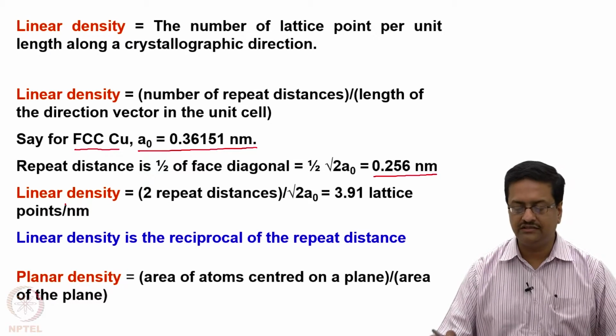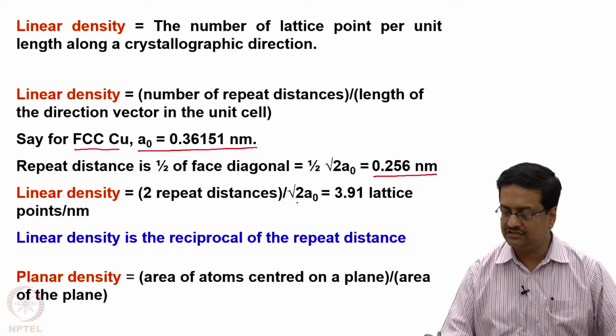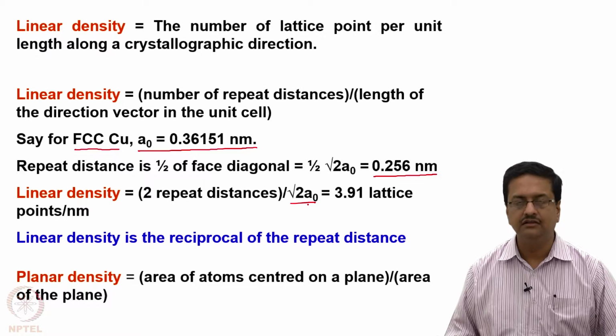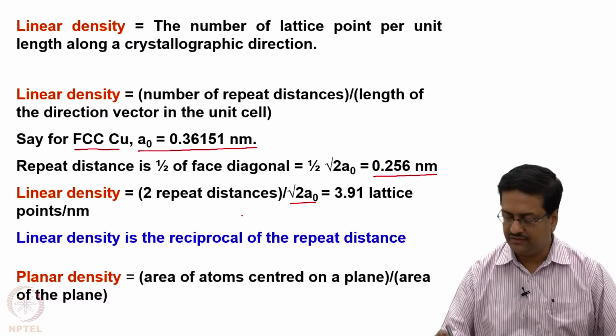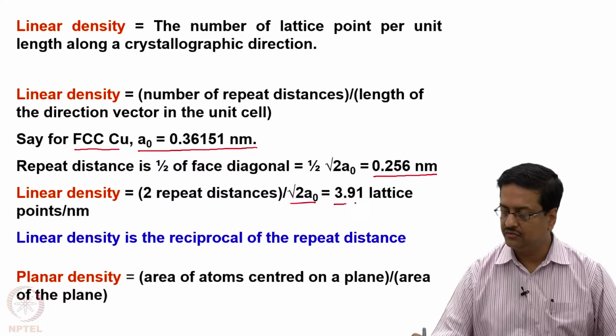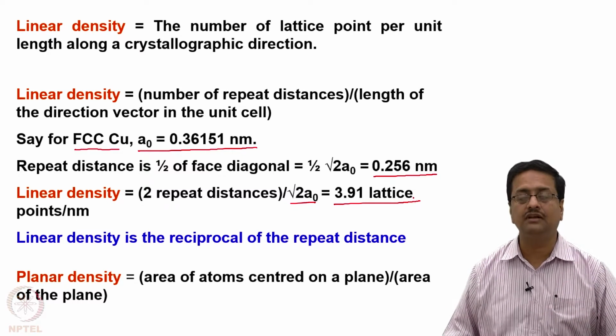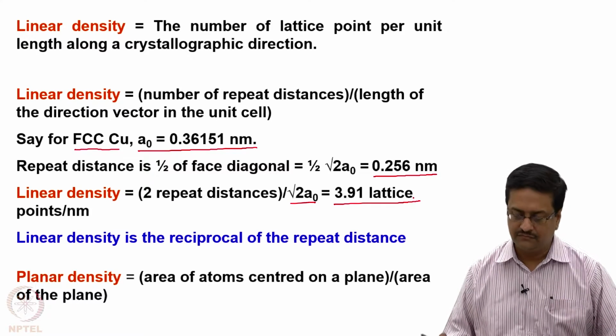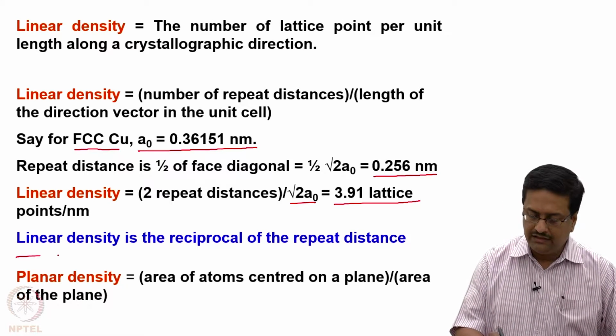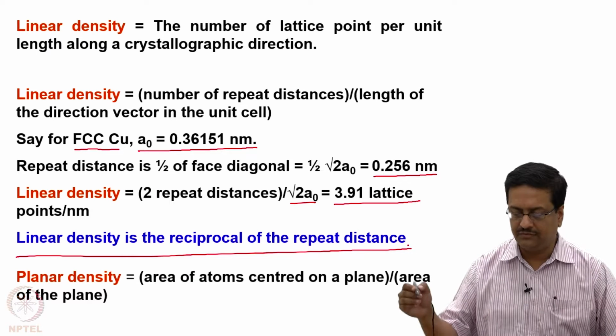So the linear density is 3.91 lattice points per nanometer. And linear density is the reciprocal of the repeat distance.